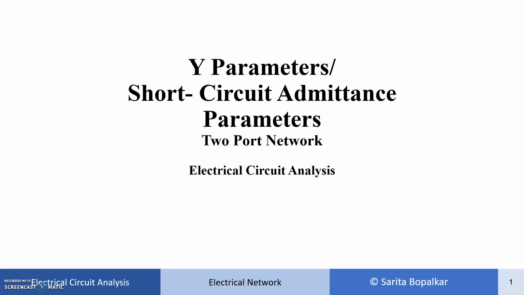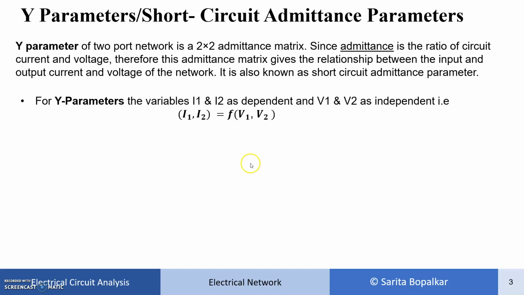Hello and welcome. In this video, we are discussing the topic of two-port network, and that is the Y parameter, or we can call it the short circuit admittance parameter. Y parameter or short circuit admittance parameter of a two-port network is a 2 by 2 admittance matrix.